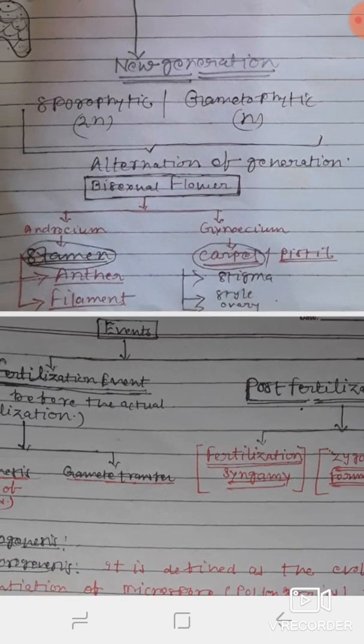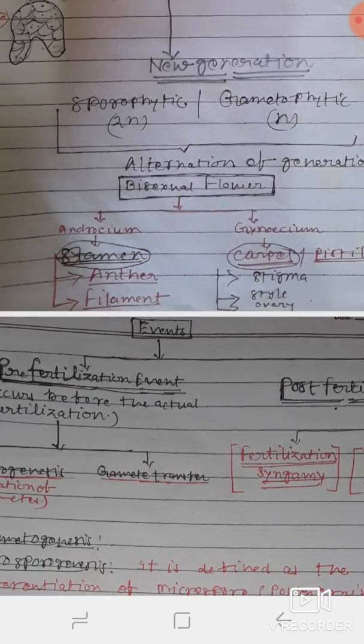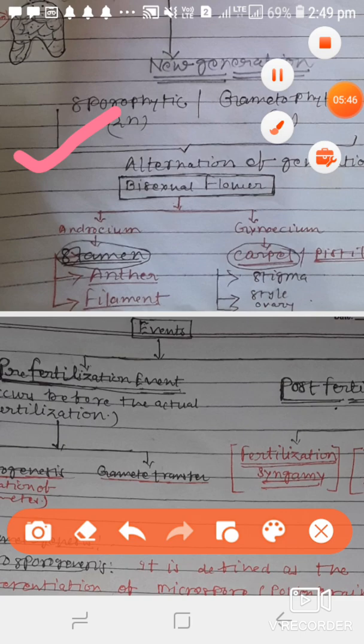There is alternation of generation, which means both the conditions, sporophytic and gametophytic, come alternately. Firstly the sporophytic, the diploid situation, then the gametophytic situation occurs. It differs according to the life cycle. As you know, the life cycles are different: haplontic, diplontic, and haplodiplontic for the various plant categories and algae.